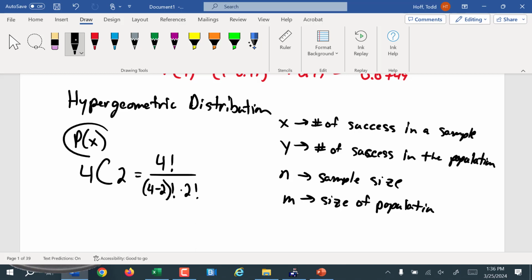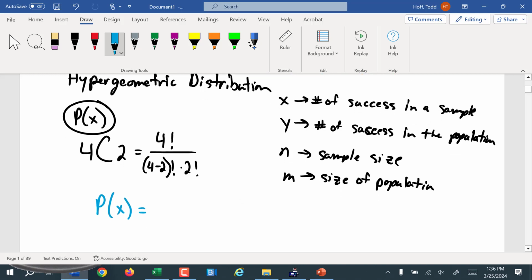So the probability that we have exactly X successes in our sample is equal to X combination Y times M.